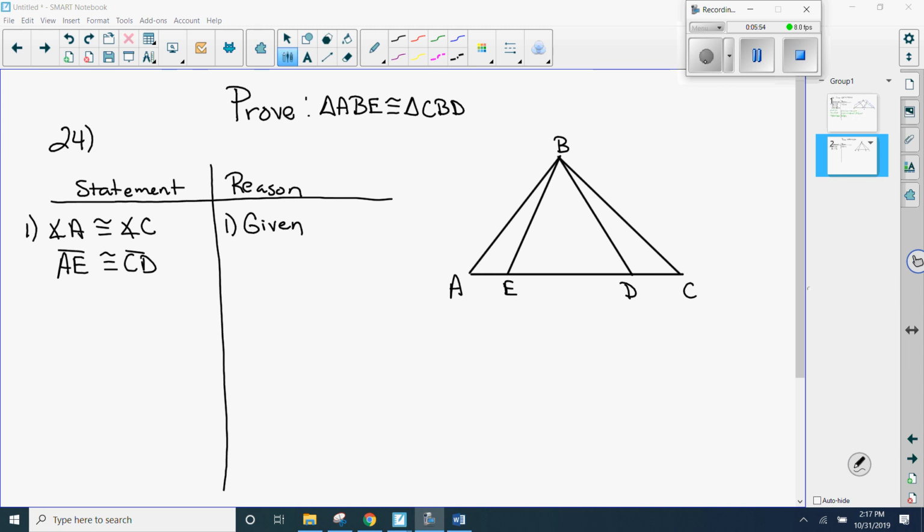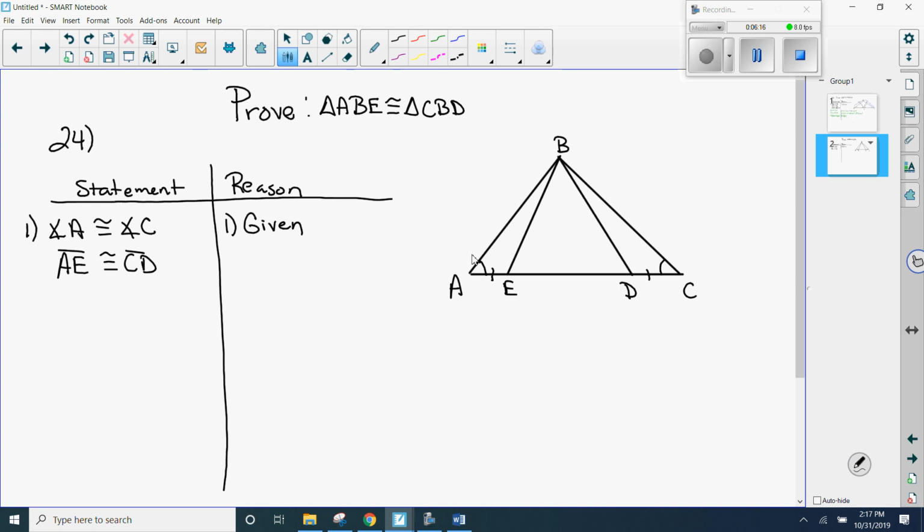Okay, so we need to mark the given information. They tell us that angle A is congruent to angle C, and AE is congruent to DC. We want to prove triangle ABE is congruent to triangle CBD.